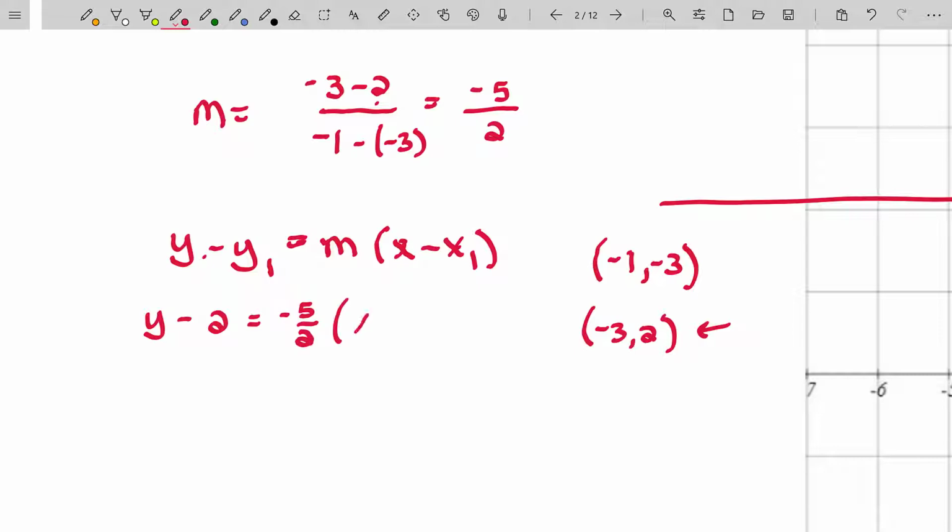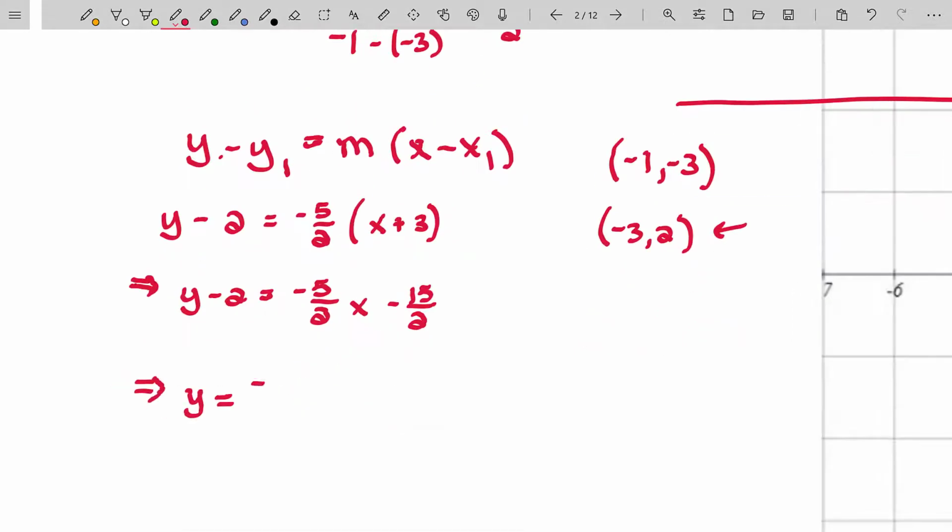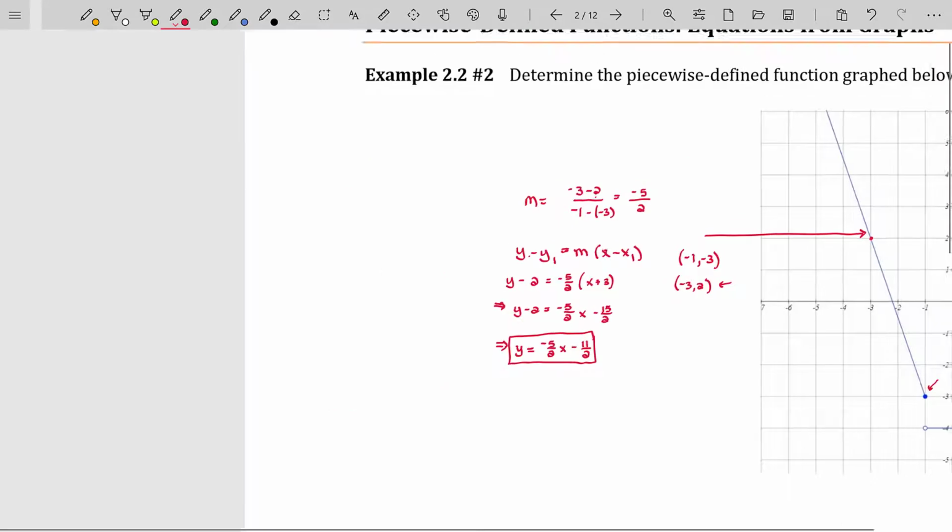And again, x minus the x value for this point. So that'd be x minus -3, or x plus 3 when you do the mathematics there. And then distribute things through and isolate y. And that will be the equation of the first piece of the piecewise defined function.